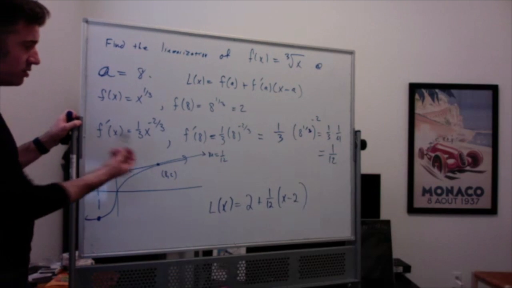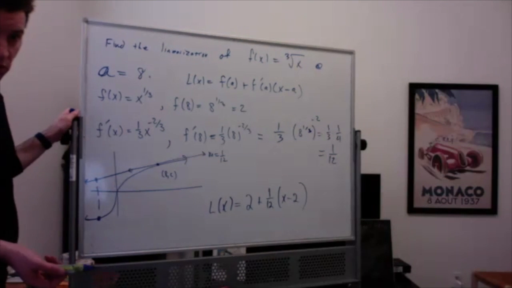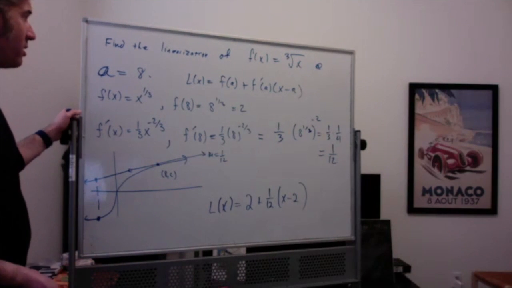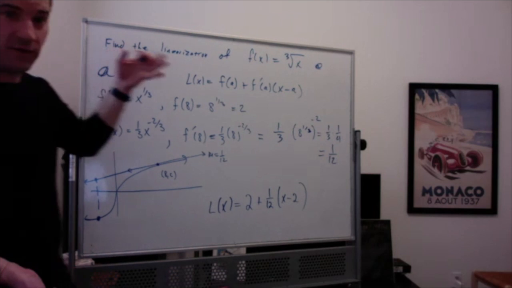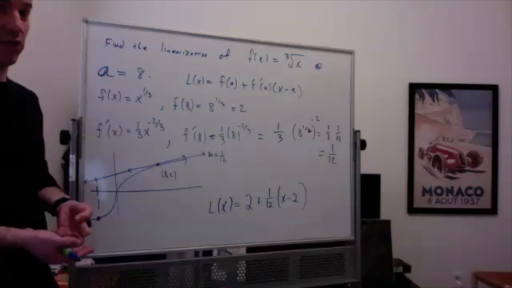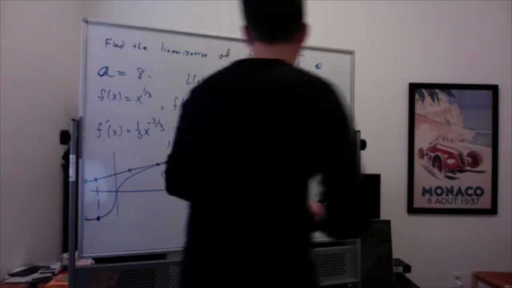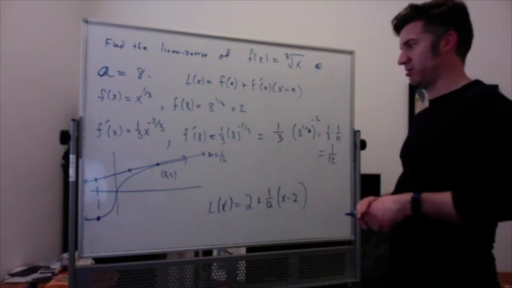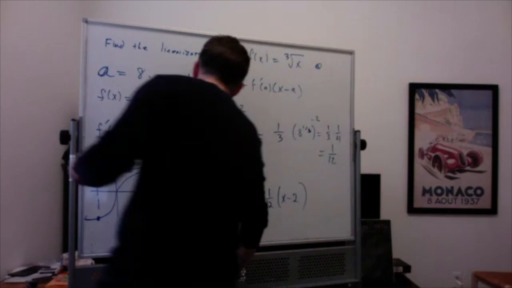So what we can do is use this linearization to approximate values of this function for values of x that are close to where we linearized it. I'm going to erase my picture here.